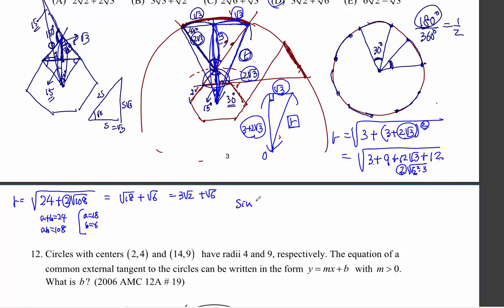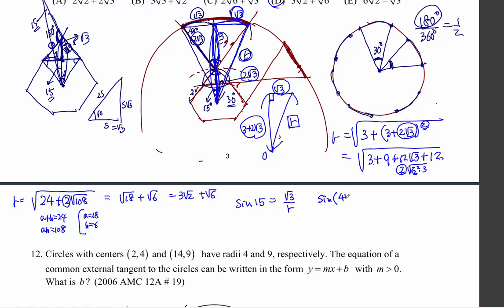Sine 15 equals how much? Opposite over hypotenuse, right? Root 3 over R, it is very simple if you know the value of sine 15. What is sine 15? Do you remember what sine 15 is?